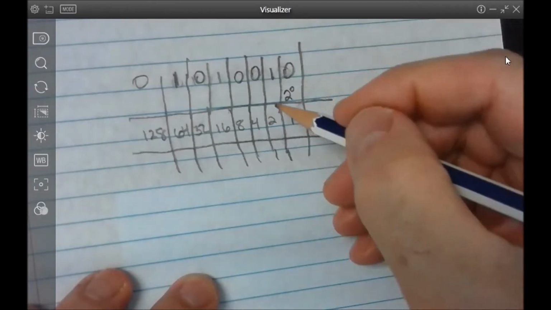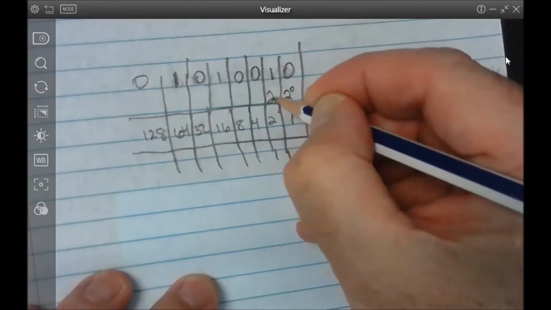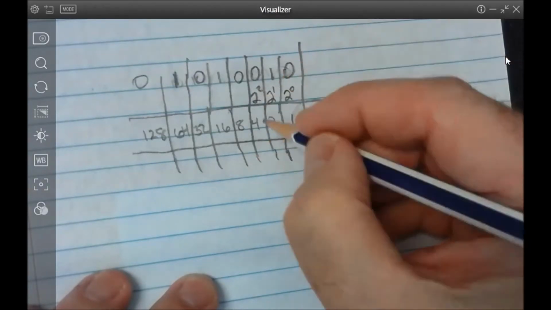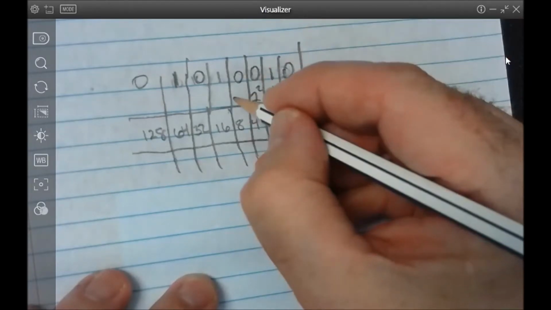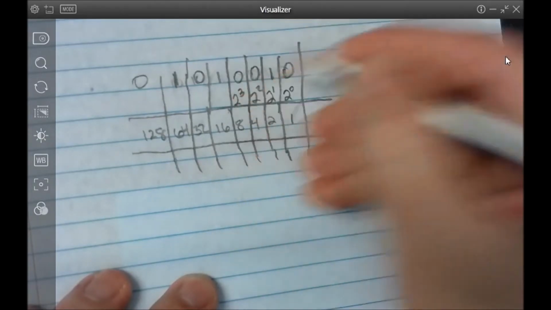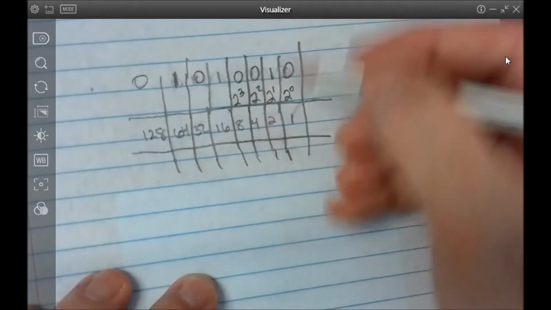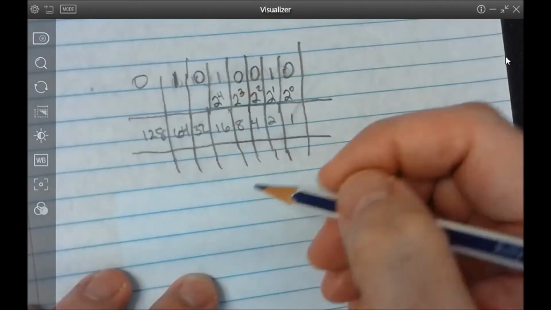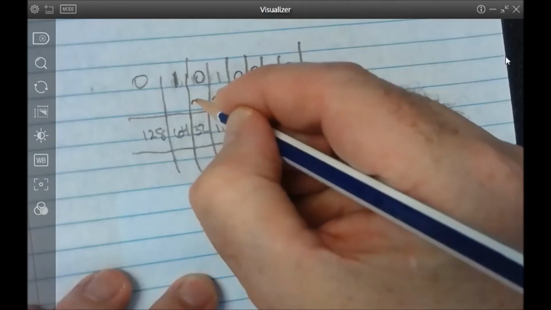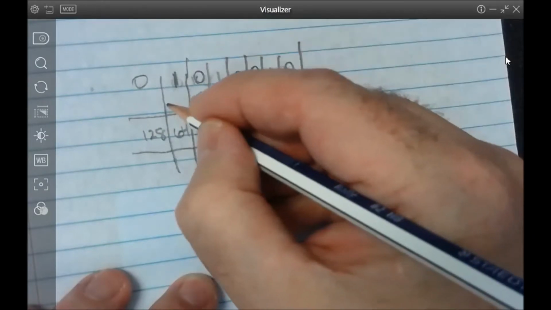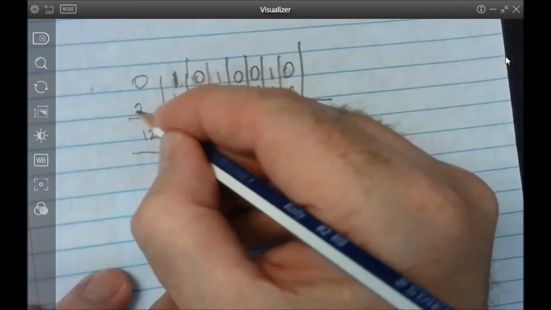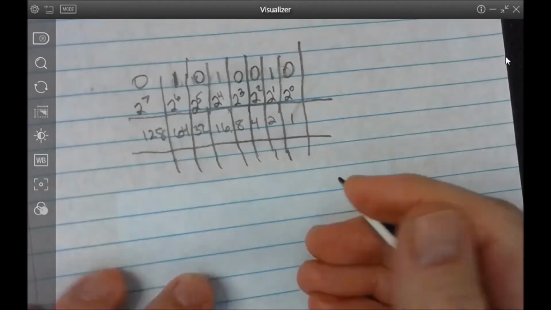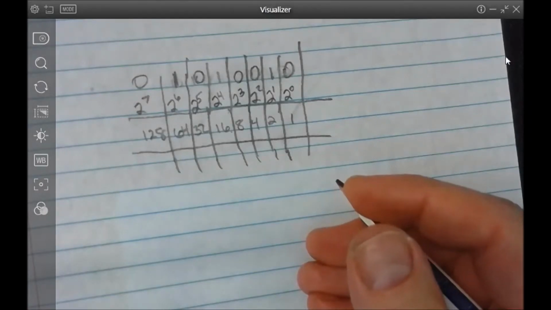This is 2 to the first power, which is 2. 2 to the second power is 2 times 2, which is 4. 2 to the third power is 2 times 2 times 2, which is 8. 2 to the fourth power is 16. Then 2 to the fifth, 2 to the sixth, and 2 to the seventh. That is the way this system works.